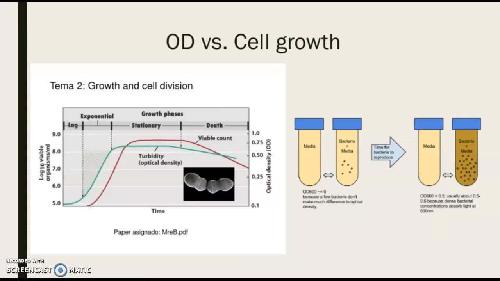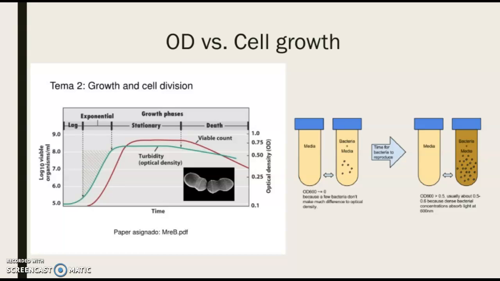So this slide is just a little bit more background on how OD and cell growth are related. OD is looking at how light passes through a cell culture. In our case, our known OD for optimal cell growth is 0.9. That's when we inoculate with IPTG, because this will mean that all the cells are in their stationary growth phase, as you can see on the picture on the left.